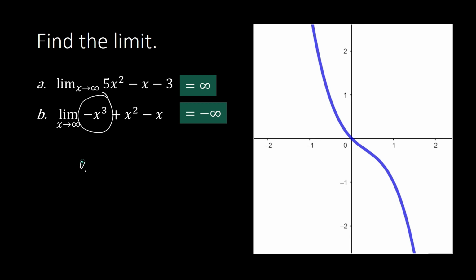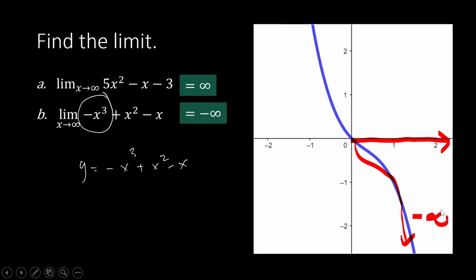So this is the graph of the function y is equal to negative x cubed plus x squared minus x. As x approaches infinity, our function goes to negative infinity. So again, the graph is agreeing with what we said. It's the dominant term that will tell you the limit of your function as x approaches infinity or negative infinity.